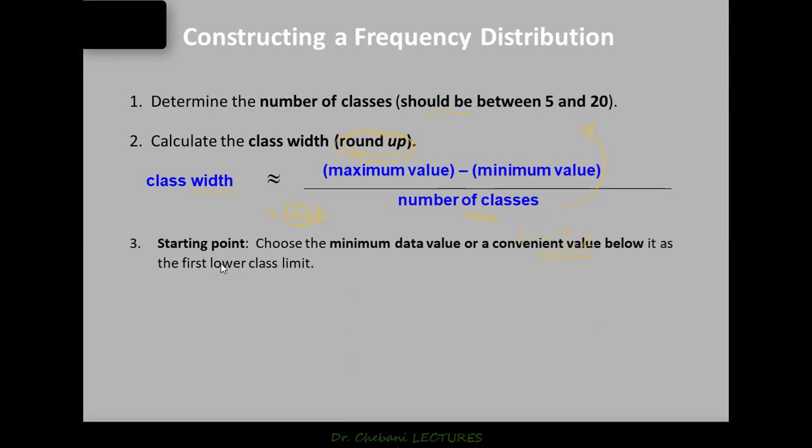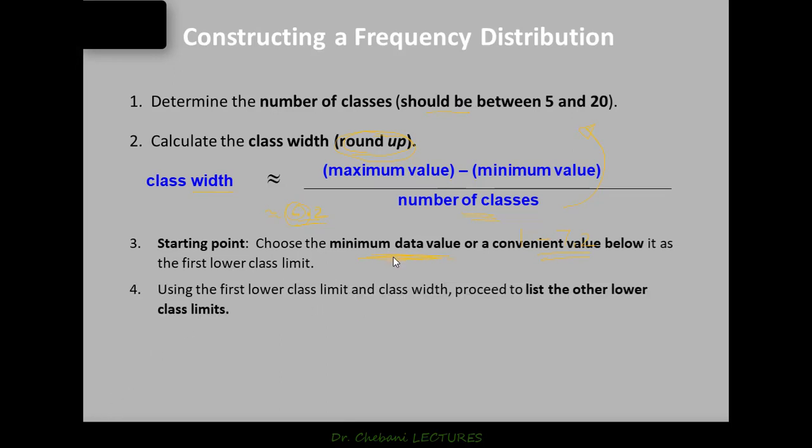So the third point is, after having your number of classes and your class width, you choose the minimum value or any convenient value to start off at. Usually, this will be the minimum value in your data set. It's just easy that way. You just start with the minimum value in your data set.